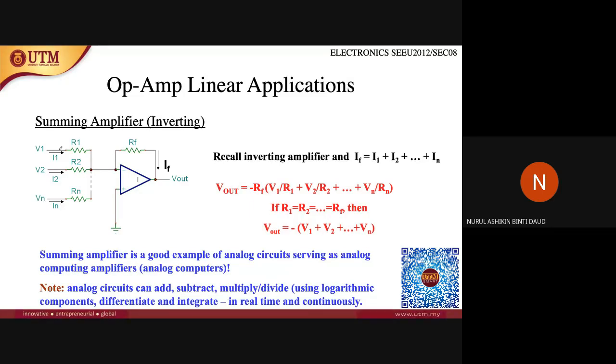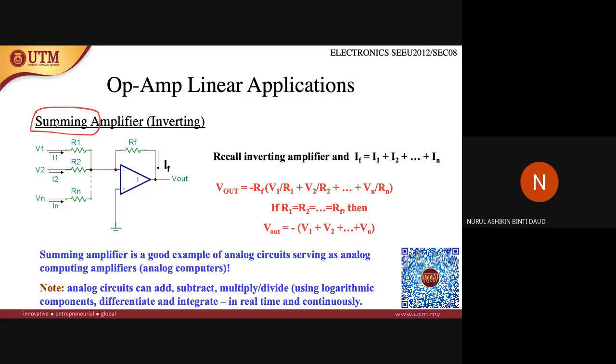In the inverting configuration, the input signal is connected at the inverting terminal. For the non-inverting summing amplifier, the input signal is connected at the positive terminal, which is the non-inverting terminal. So please remember the summing amplifier.